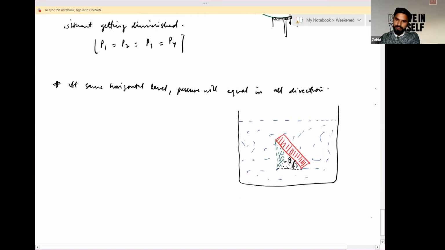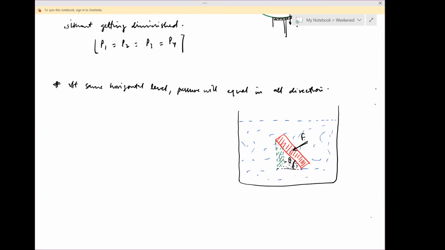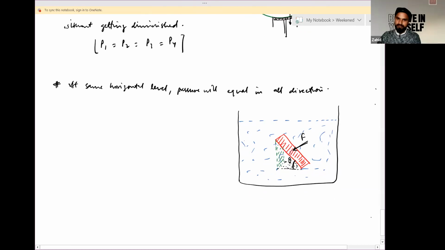Now, suppose a force F is applied on this cross-sectional area. Is it clear? Yes. So we may break this particular force according to this theta into its components. Let's say this is an inclined surface at angle theta, and a force F is applied along this direction.